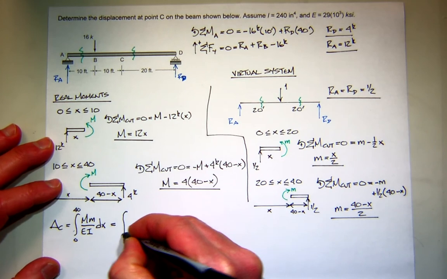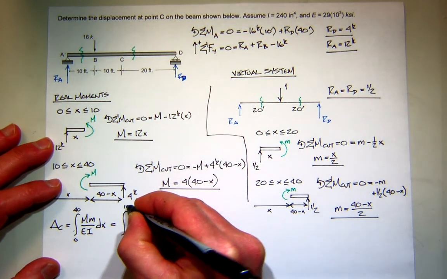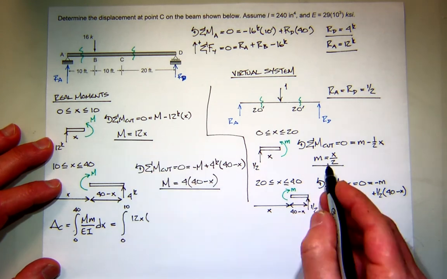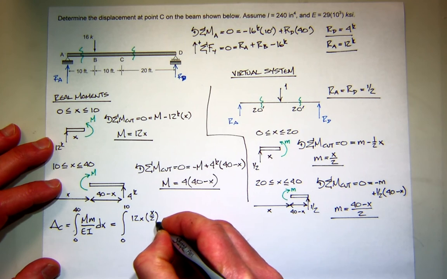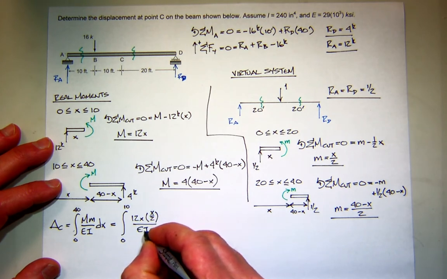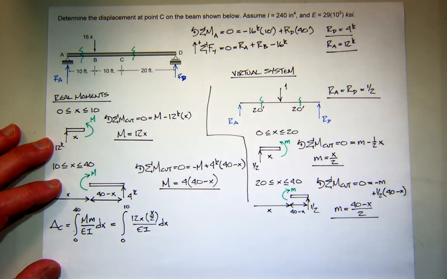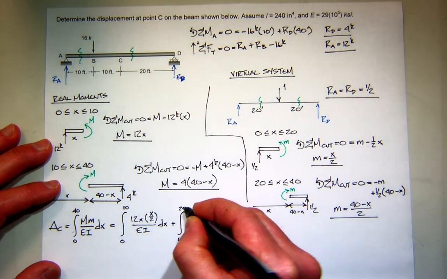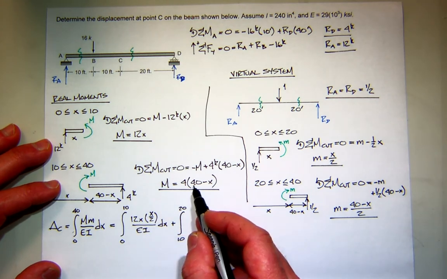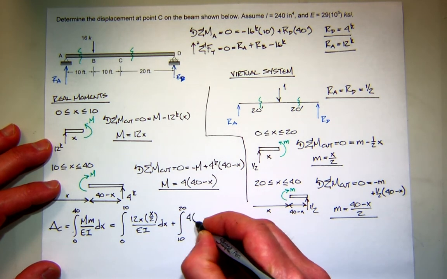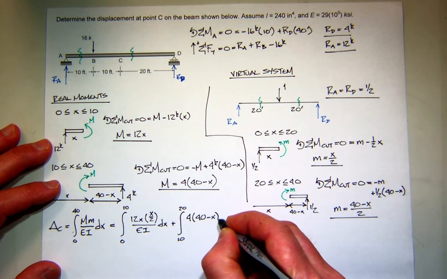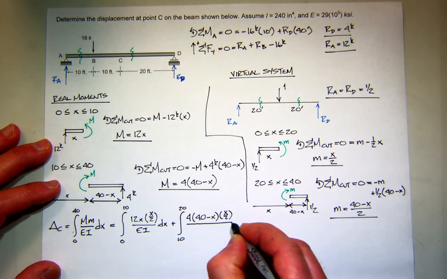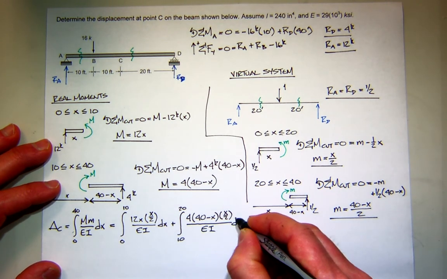So let's write that out. I'm going to start with the first piece, 0 to 10. The real moment is 12x. The virtual moment is x over 2. I probably should have factored out the EI to make it easier, but I didn't, so there we go. We're going to add to that the integral from 10 to 20, where my real moment switches. What's my virtual moment? Still x over 2. Again, divided by EI, and we're going to integrate that in x.